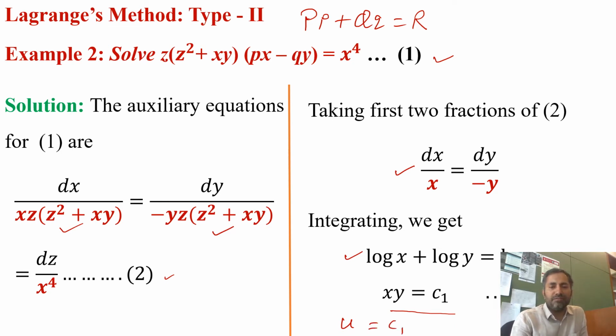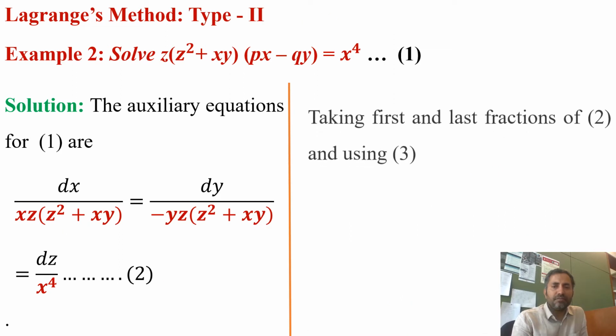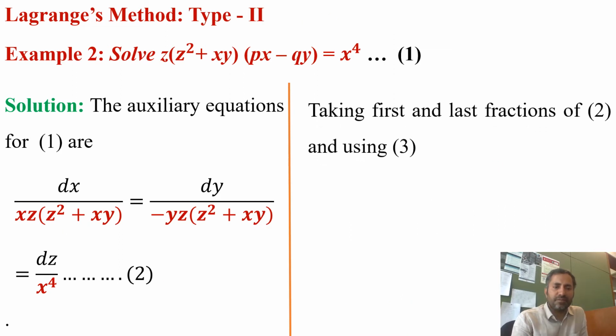Now, as we are applying type 2, that can be applicable here. So now we select the first and last fraction. By selecting the first and last fraction, one x will be cancelled, so it will remain x cube over z square plus xy.